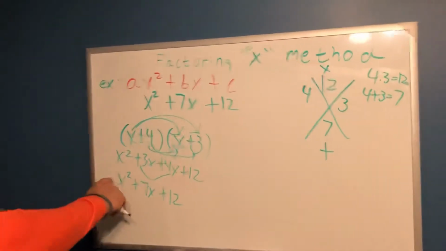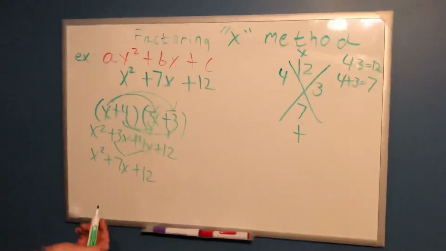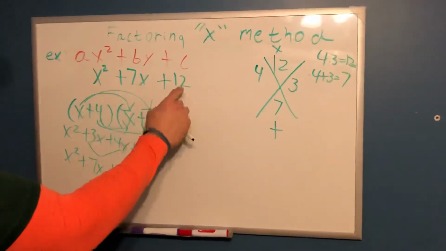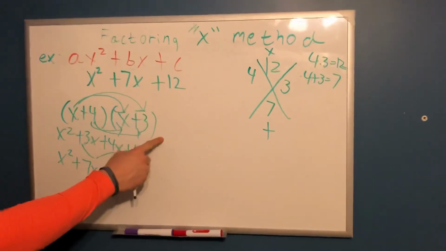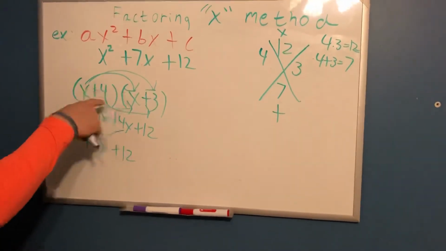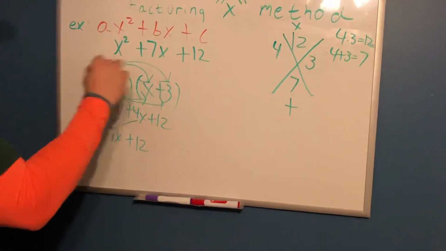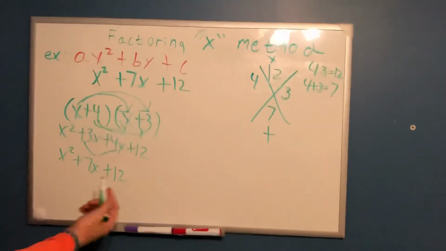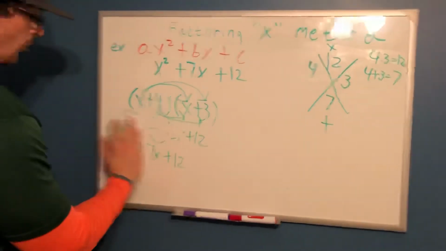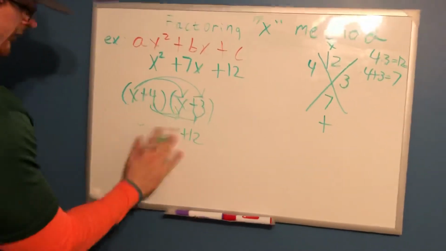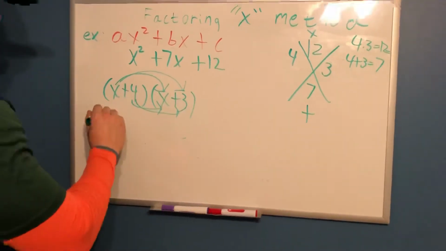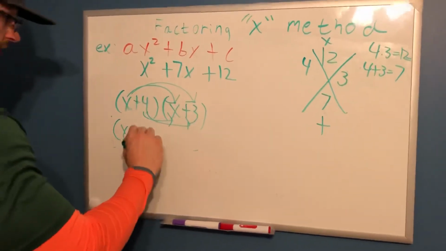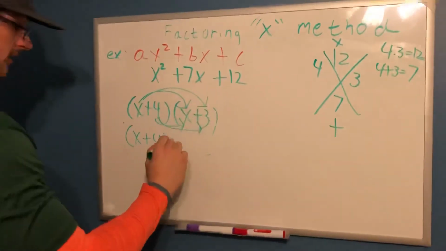When I work it back out, I get what I started with. That's pretty much how you check it: distribute it back out and see if you get what you started with. As long as you do, you know you're correct. So your answer when they say to factor is x plus 4 and x plus 3.